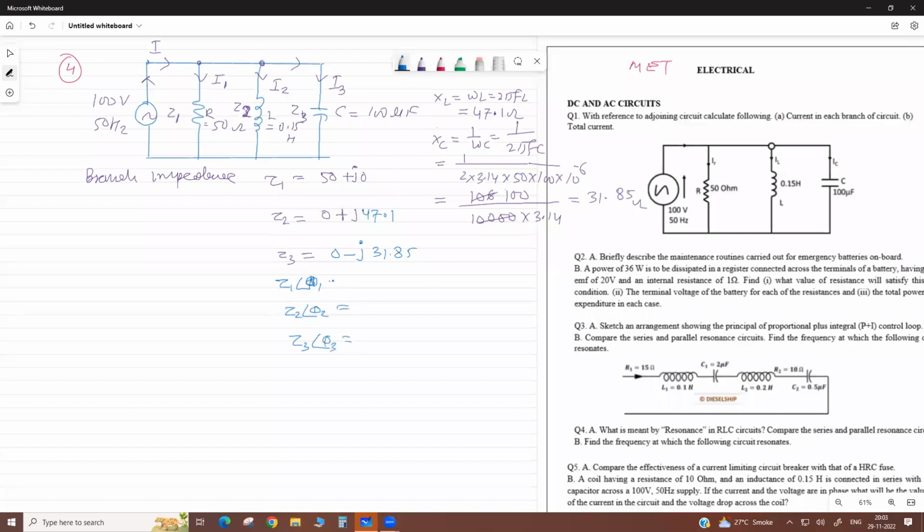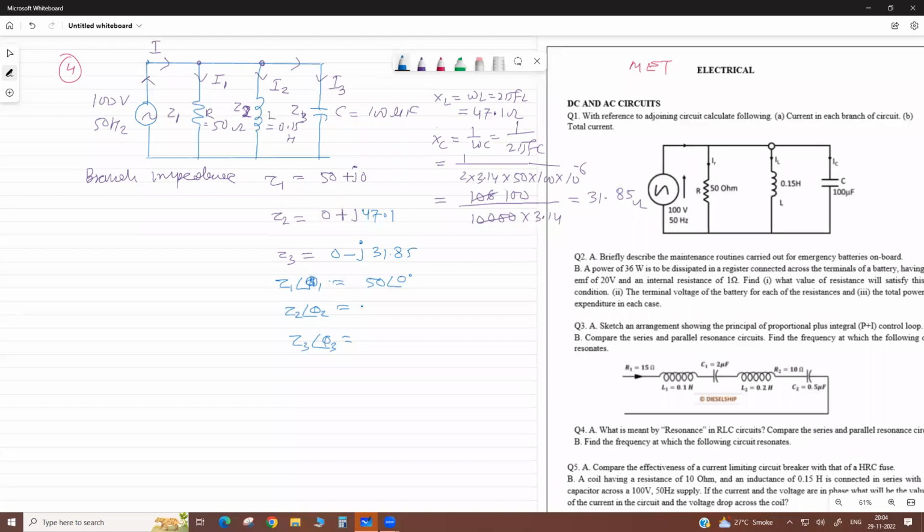So you can calculate, you directly convert, it comes 50. You know, pure resistive, this angle is 0 degree. In pure inductive, your current lags by 90, then impedance leads.